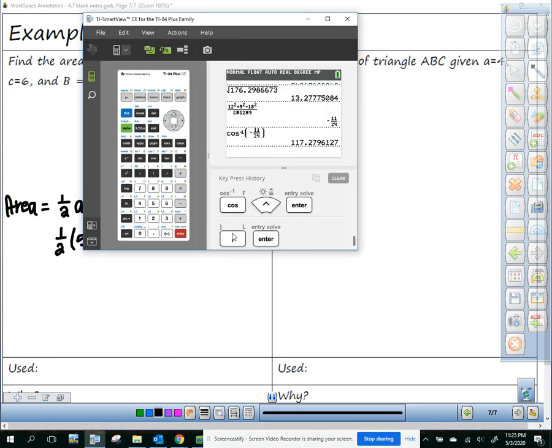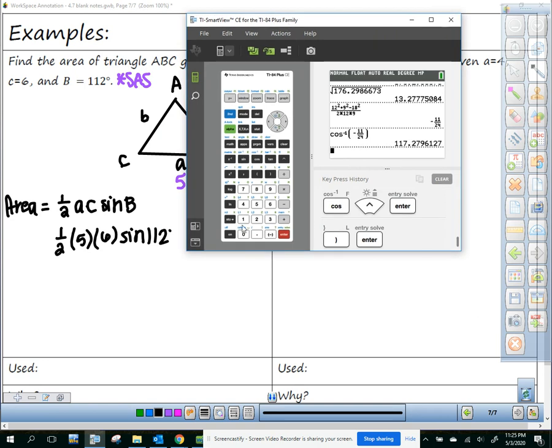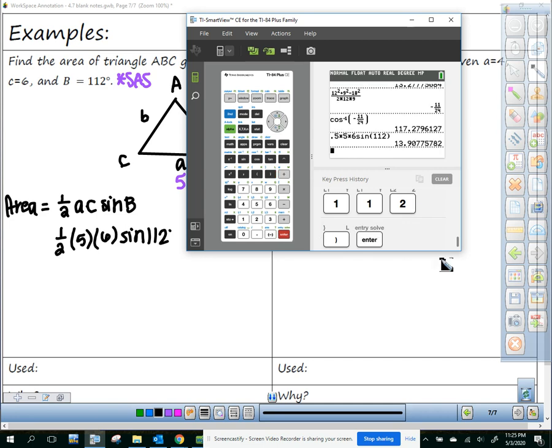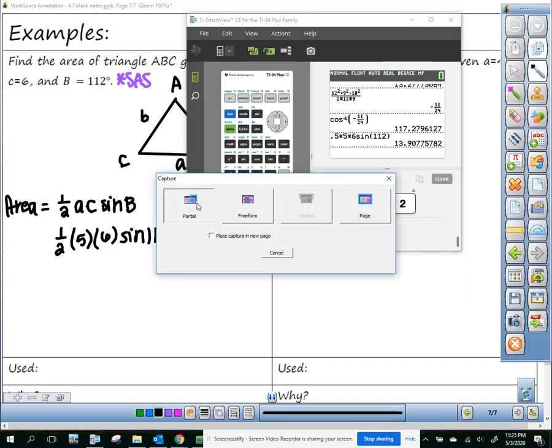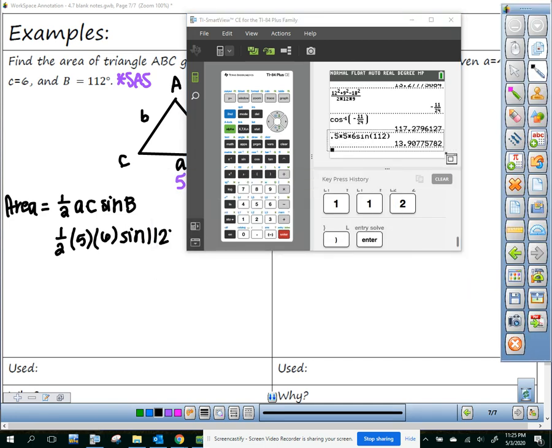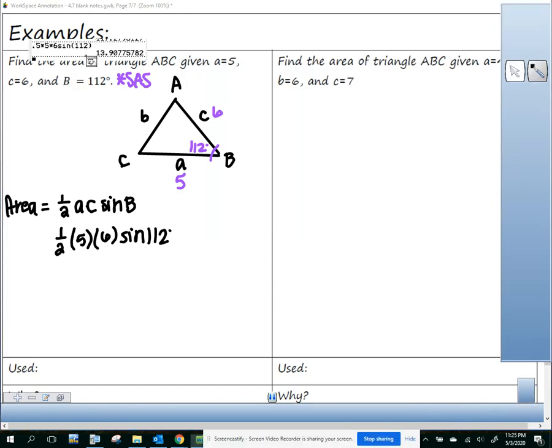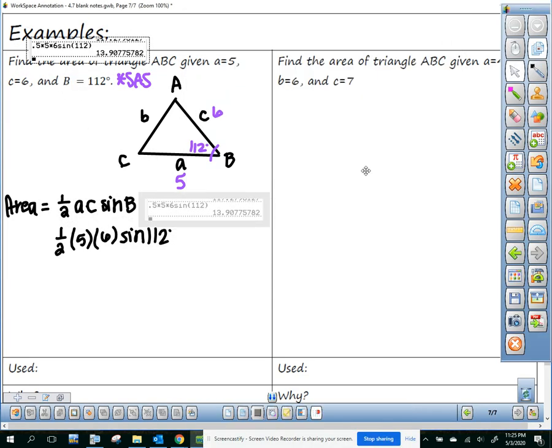You can do that all at once in your calculator. I'm going to use 0.5 for my 1/2 times 5 times 6 sine of 112. And you would still have to be in degree mode since these angles are being given to you in degrees.